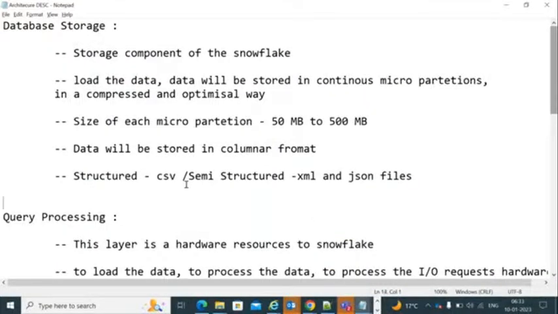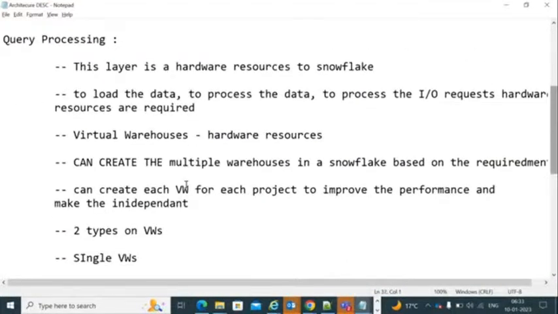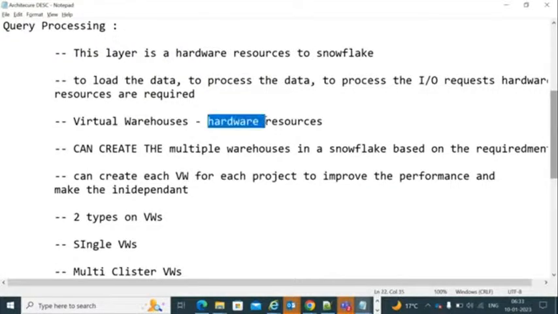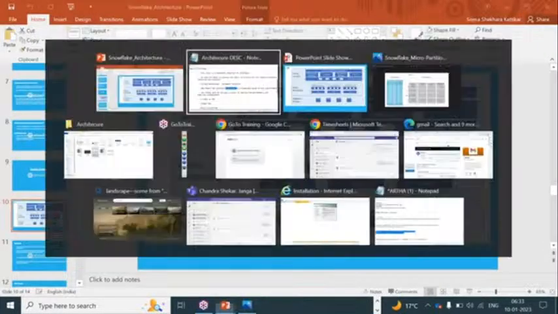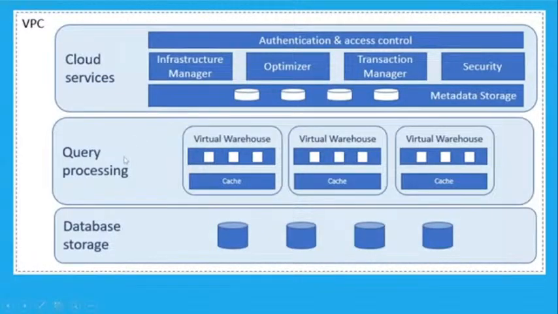Virtual warehouses, or hardware resources, can be created multiple times. Till here you are clear? See, this query processing layer is a virtual warehouse, which is a compute layer, and these are the hardware resources for your Snowflake. They are required to process all your requests in Snowflake.